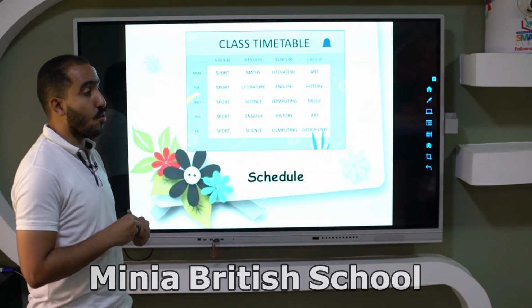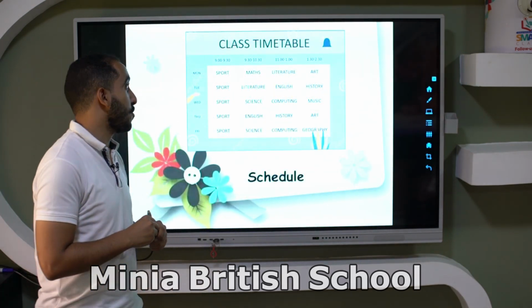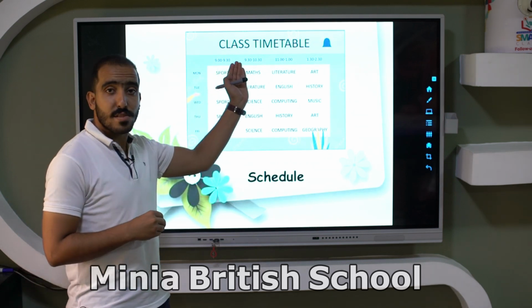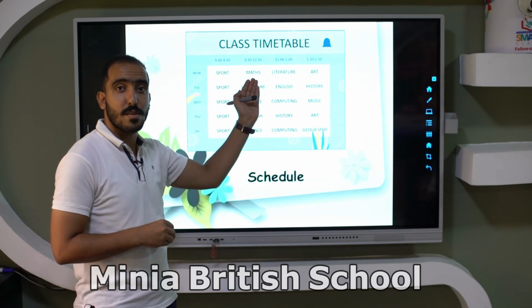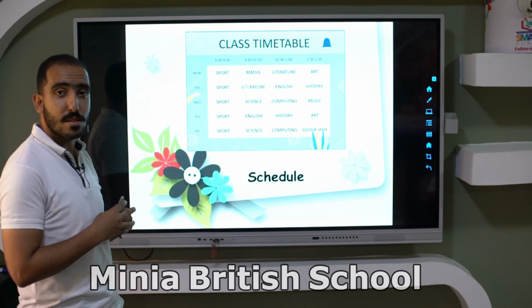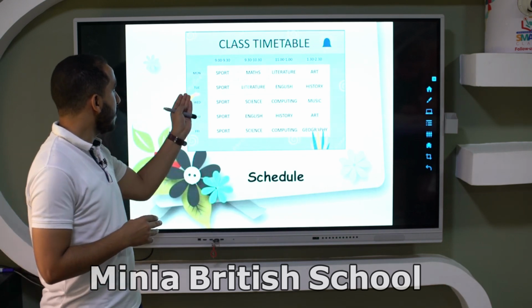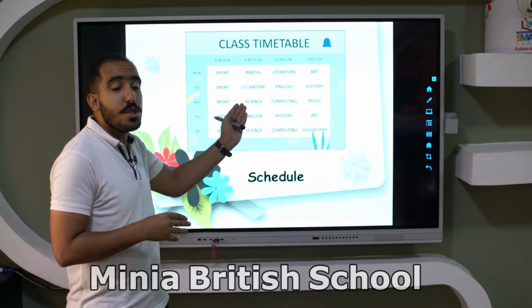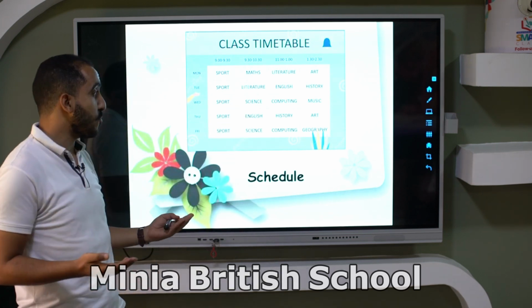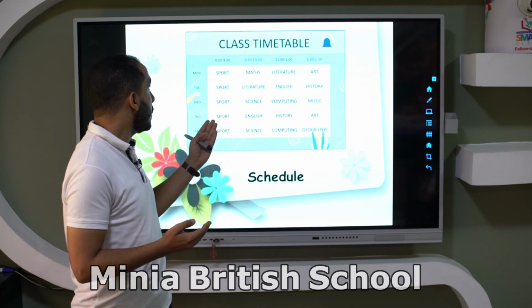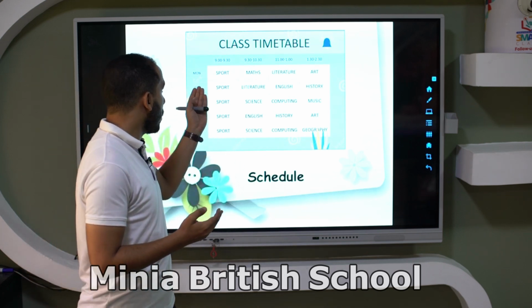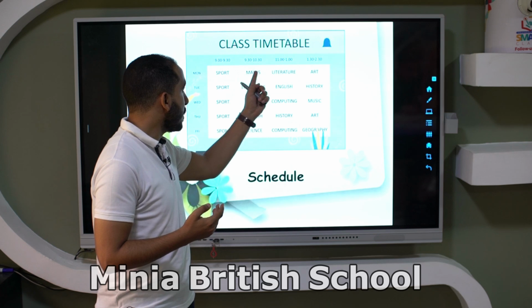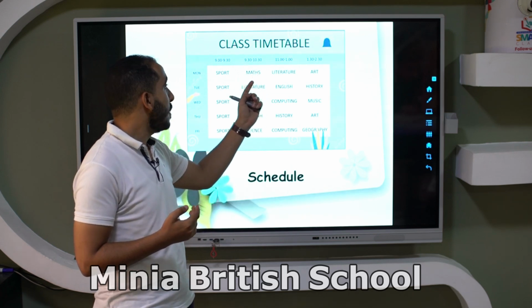Okay, so let's start. Can you see this? Look at the picture. It says class timetable. What is the class timetable? Yes, it has the days of the week and the subjects that you have at school. For example, on Monday at 9:30, you've got maths.